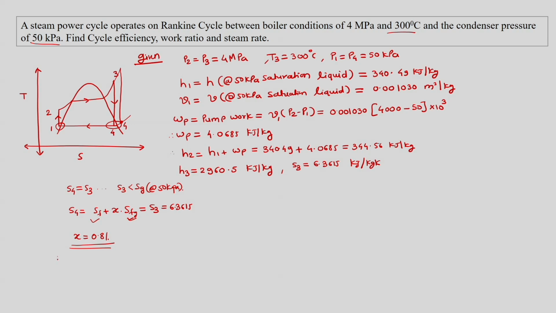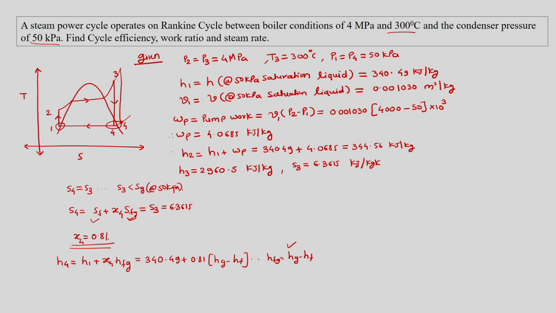Knowing this dryness fraction, we can find out H4 as H1 plus X4 into Hfg. H1 is 340.49 plus 0.81 into Hfg. If Hfg is not given, we can make it Hg minus Hf, that is, Hfg is equal to Hg minus Hf.